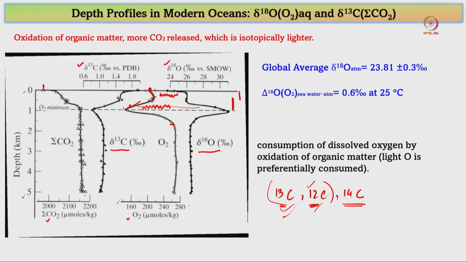Okay. And as said, this consumption of dissolved oxygen to oxidize the organic matter and release carbon dioxide preferentially consumes 16 oxygen, because all these decaying bacteria are also using 16 oxygen. So, biota always prefers the lighter oxygen and always the lighter carbon.